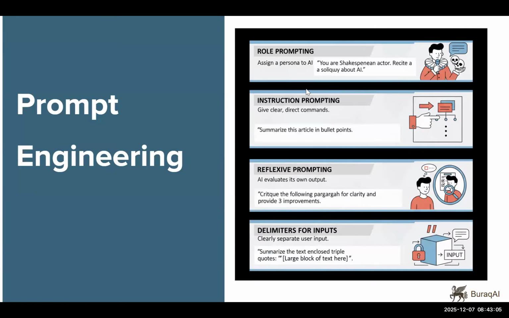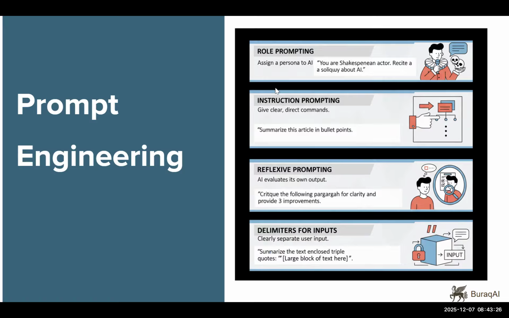But when you say role prompting, as I said, if you want to give a persona, this is what it is: assign a persona to AI. You say, hey, you are a Shakespearean actor, recite a soliloquy about AI. So immediately the tone and the language shift to Shakespeare's language, not our normal English.